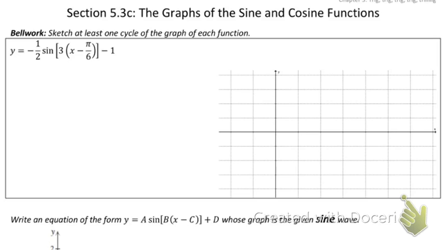If I'm doing the bell work, it doesn't say I need to list anything, but I probably would regardless, because at least I get points for knowing stuff, even if I don't know how to graph it. Just putting my amplitude is 1/2, and maybe I'll even put it's flipped. That 3 has to do with the period.